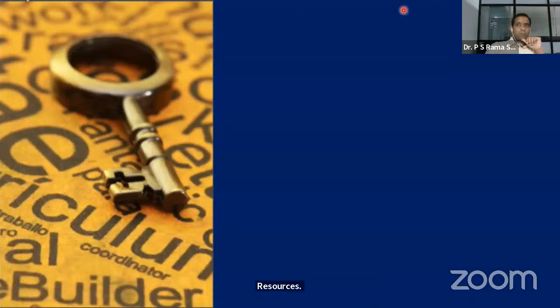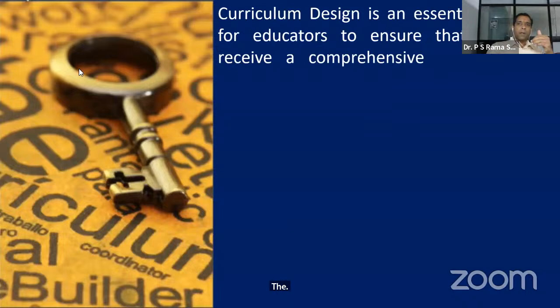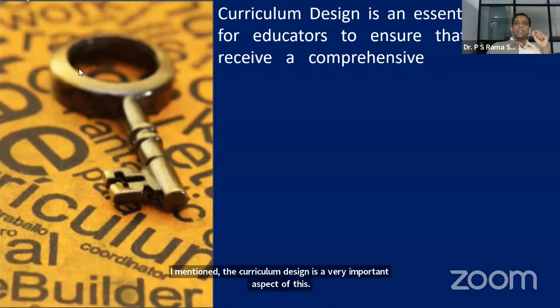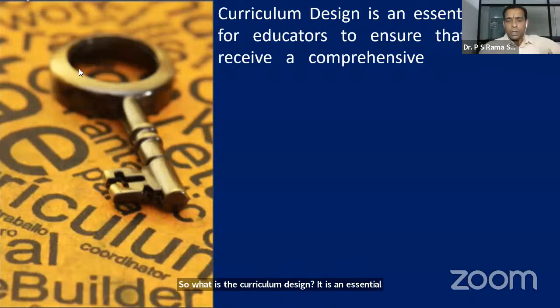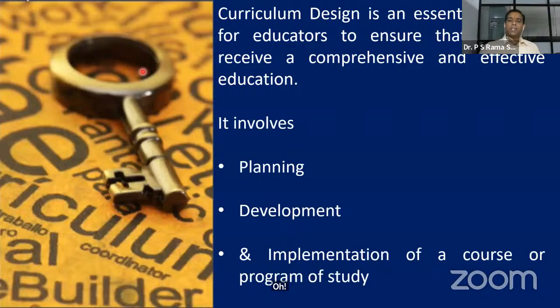Okay. So now the instructional design part. As I mentioned, curriculum design is a very important aspect of this. So what is curriculum design? It is an essential process for educators to ensure that students receive a comprehensive and effective education.